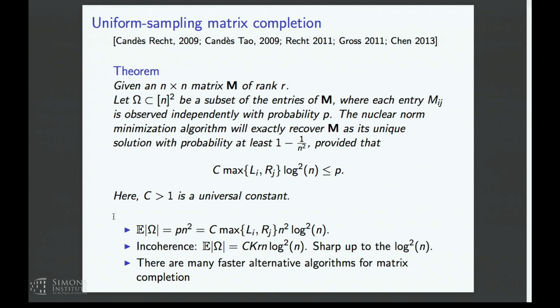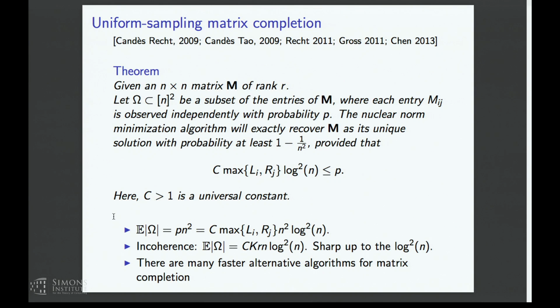But I don't think that that's been improved in this general setting. And again, I'm not advocating that we use nuclear norm minimization with CVX on your laptop. There are many faster alternative algorithms, like non-convex algorithms operating on the factored matrix, that should have the same or comparable performance.